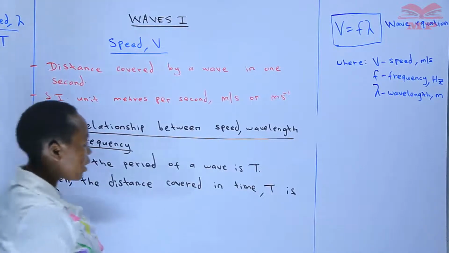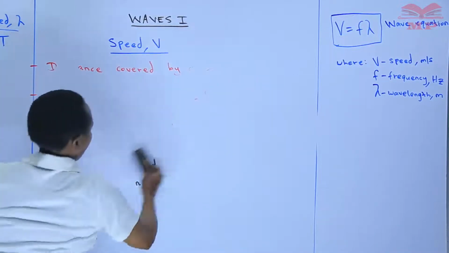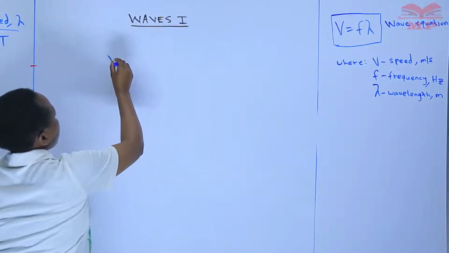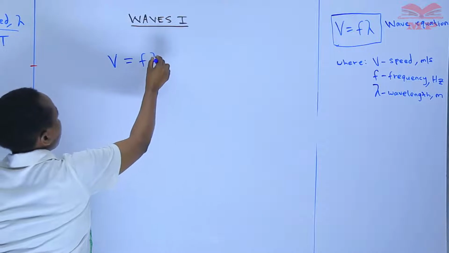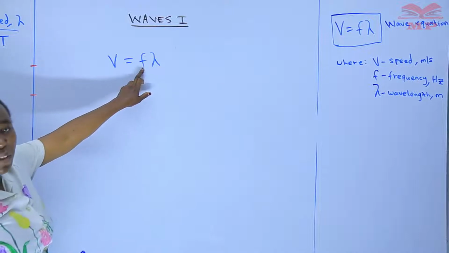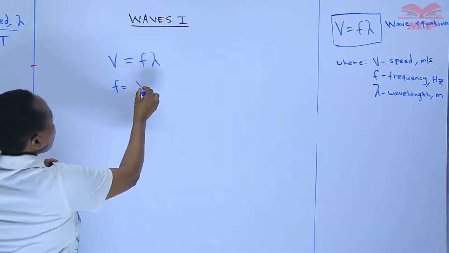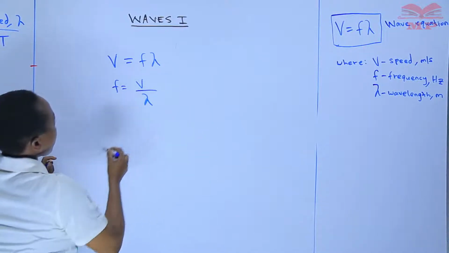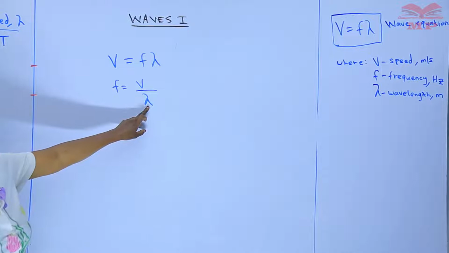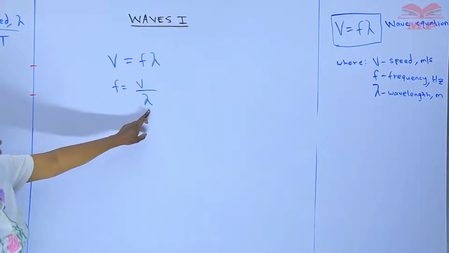But before we get to that, I would like you to note the following from our wave equation. Whereby the speed is equal to frequency multiplied by the wavelength, if we make frequency the subject of the formula, then f will be equal to v all over the wavelength, meaning that frequency and wavelength are inversely proportional.